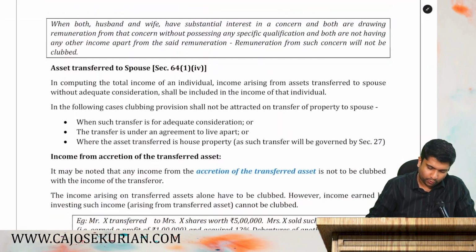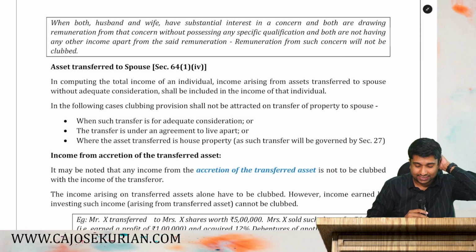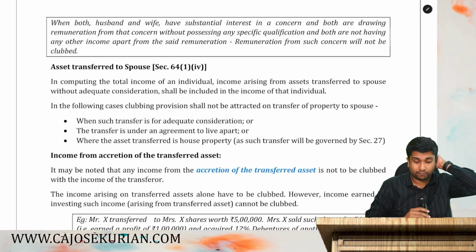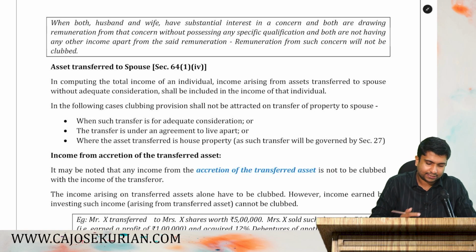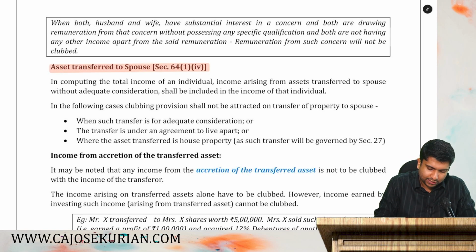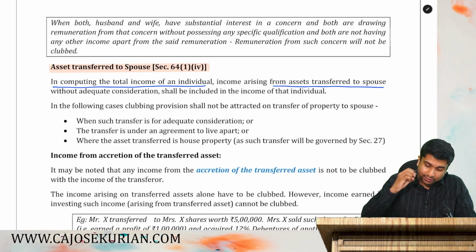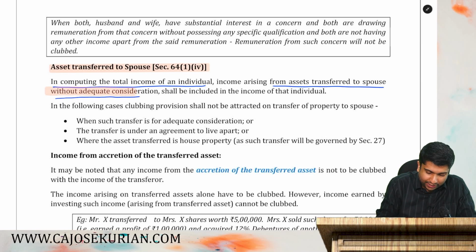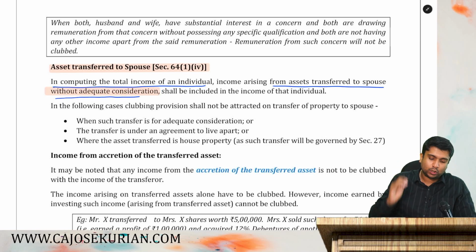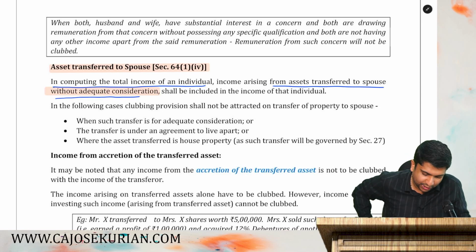Listen. So, asset transferred to spouse under section 64(1) clause 4. Let's understand what is asset transfer to spouse. In computing the total income of an individual, income arising from assets transferred to spouse without adequate consideration, this is very important, without adequate consideration, shall be included in the income of that individual.